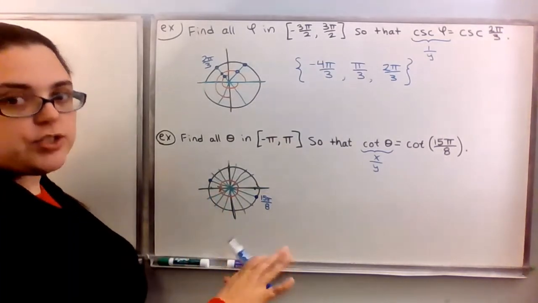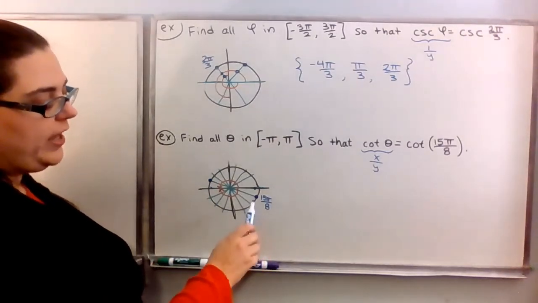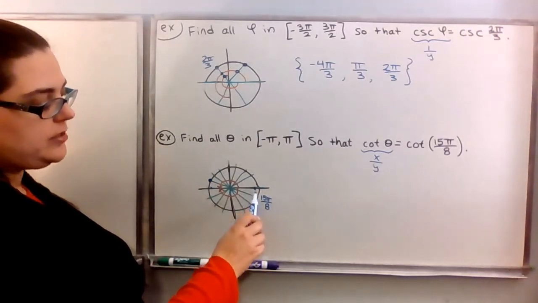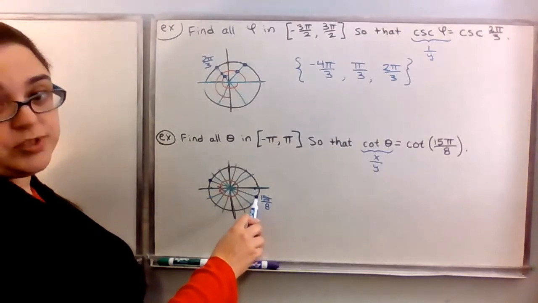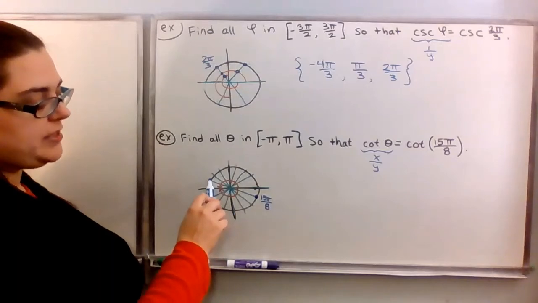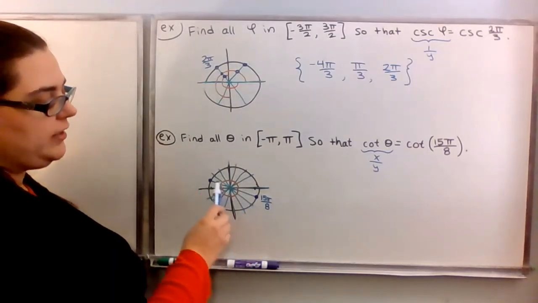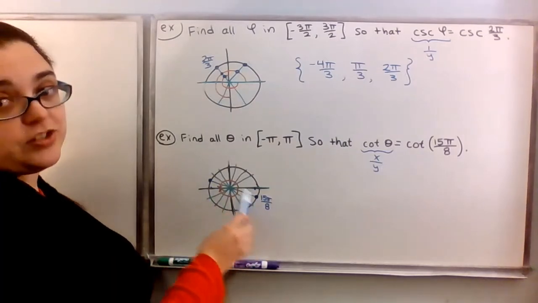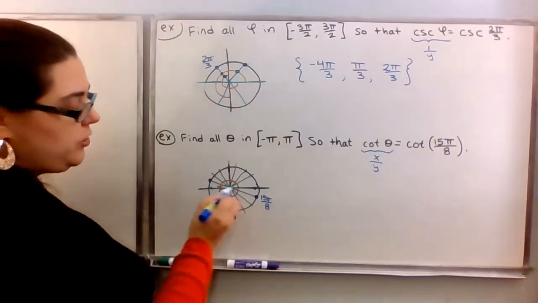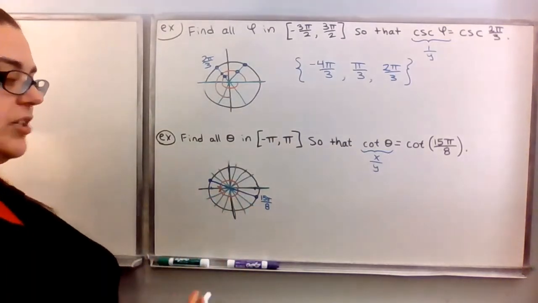We had a positive X over a negative Y, which will result in a negative. Here we have a negative X over a positive Y, which will also result in a negative. So these are the two lines that are going to have the same cotangent value. I'm going to highlight those because those are the ones I'm interested in.